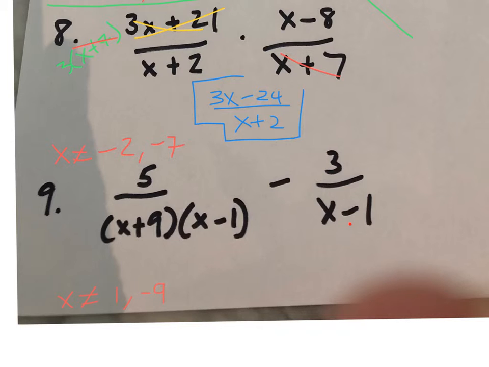So we have x minus 1 times x plus 9. This one already has the common denominator that we would want. This one is lacking a little bit. So in order to turn x minus 1 into this, we would have to multiply the top and bottom by what's missing, which is x plus 9.